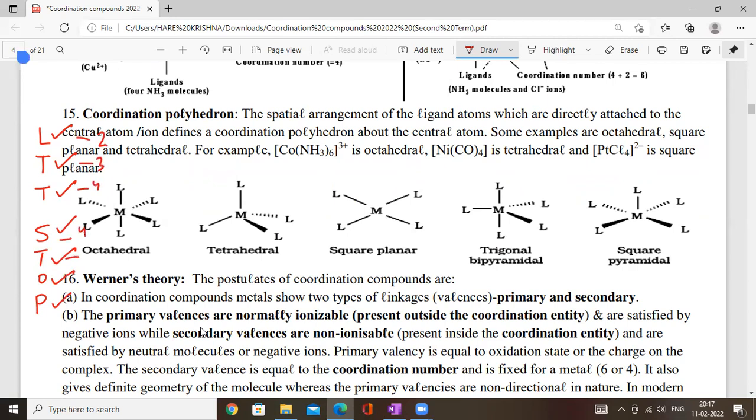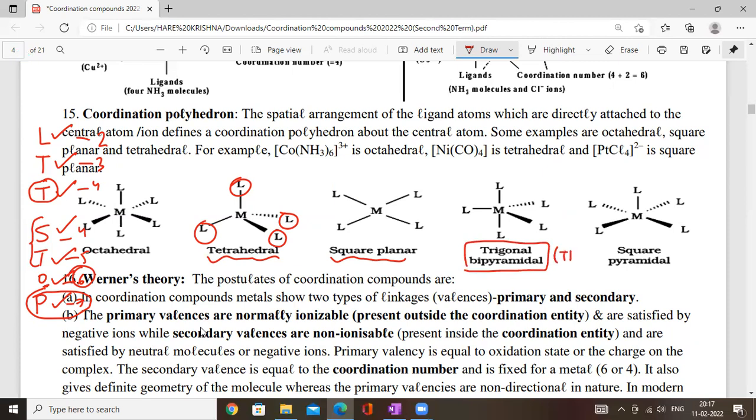So let's take up one by one. If 4 ligands are surrounding, so coordination number 4, it can be tetrahedral or square planar. If 6 ligands are surrounding, then it should be called octahedral. If 5 ligands are surrounding, it should be called trigonal bipyramidal, which is also called TBP.